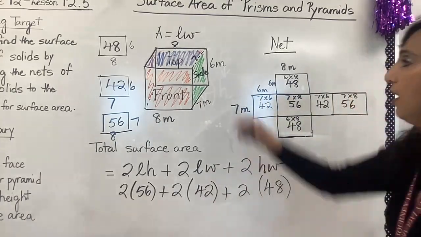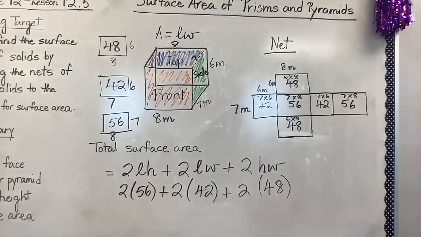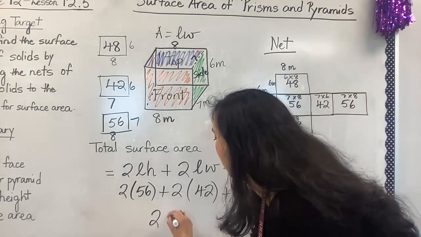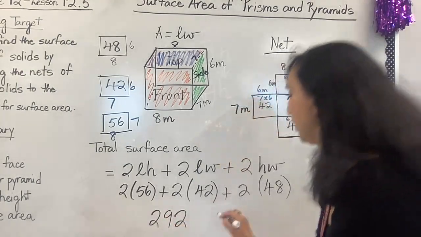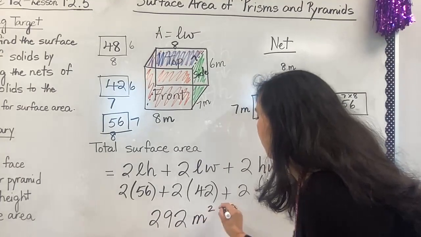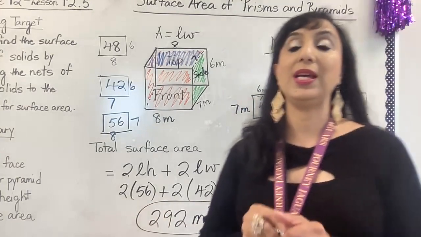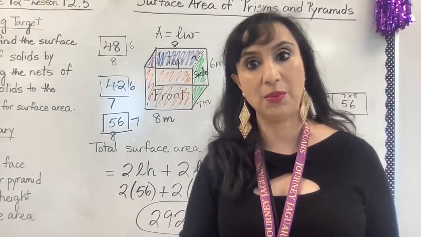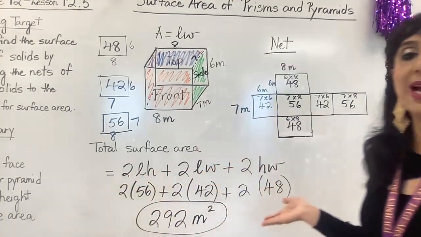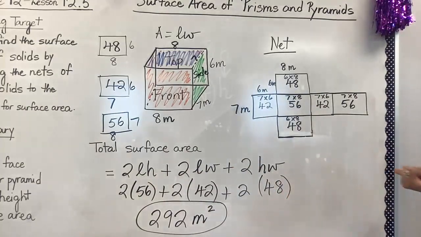So I've taken all of these and I have just doubled it. And so when I multiply and add, I am going to end up with 292 meter squared. Please remember that surface area is area, so it is square units and not cubic units, okay? So this is how we calculate the surface area of a shape.